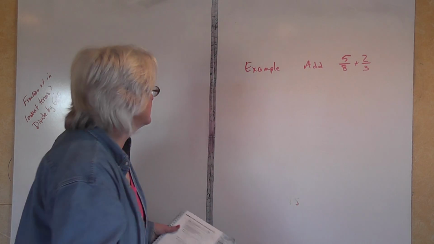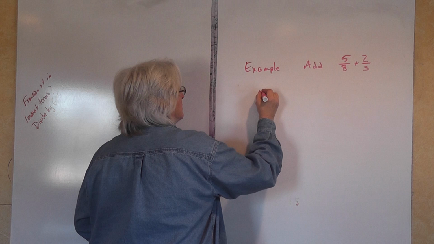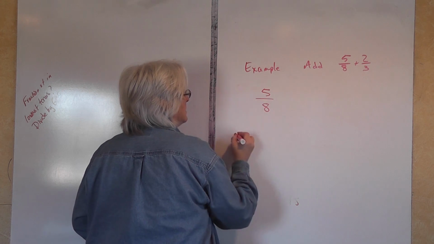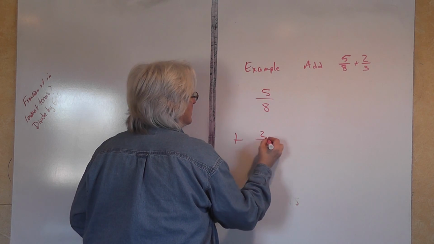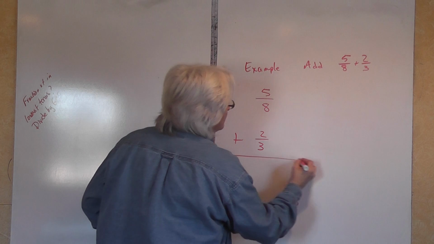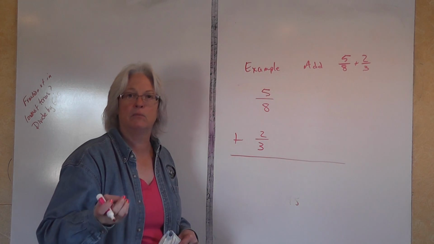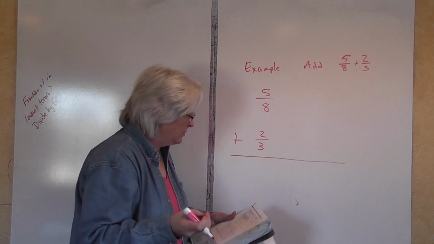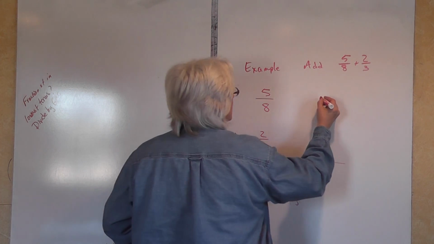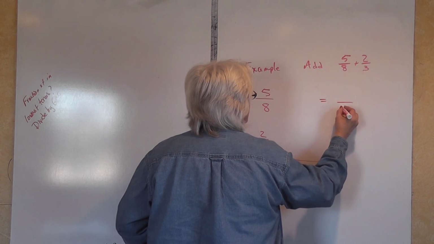So let's go ahead and do this as vertical addition. We have 5/8 plus 2/3, and we want to rename each of these fractions with a denominator of 24.